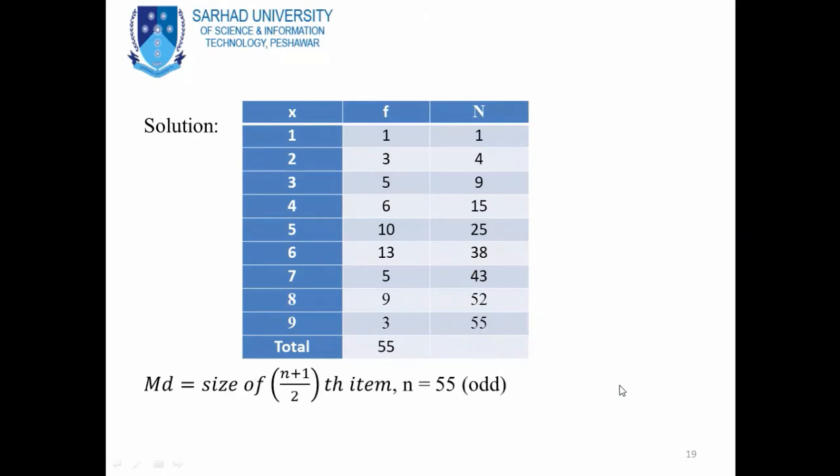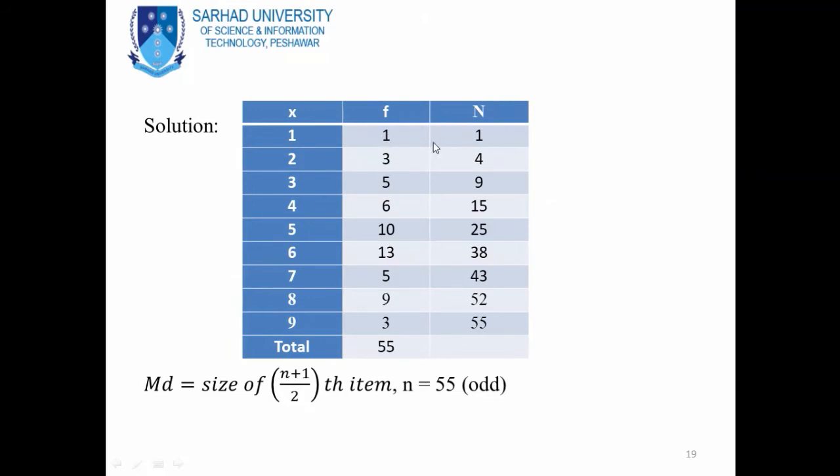So first of all, construct the table. In the first column, write the values of the data. In the second column, write the frequency of each value, and in the third column, write the cumulative frequency. This capital N represents the cumulative frequency.